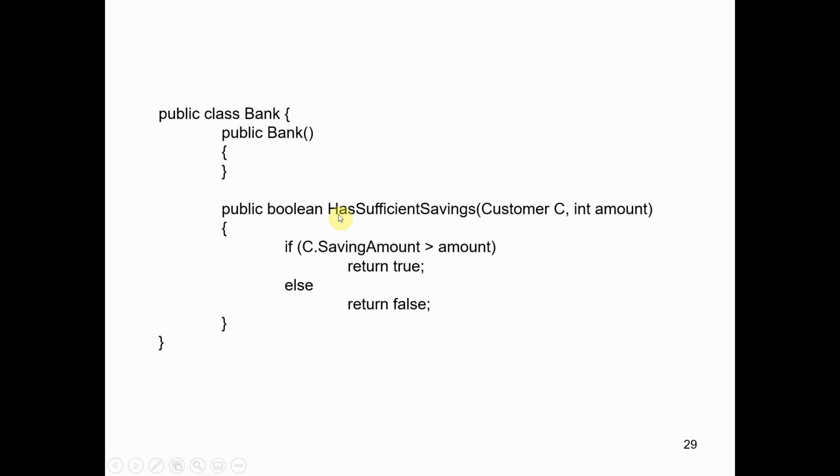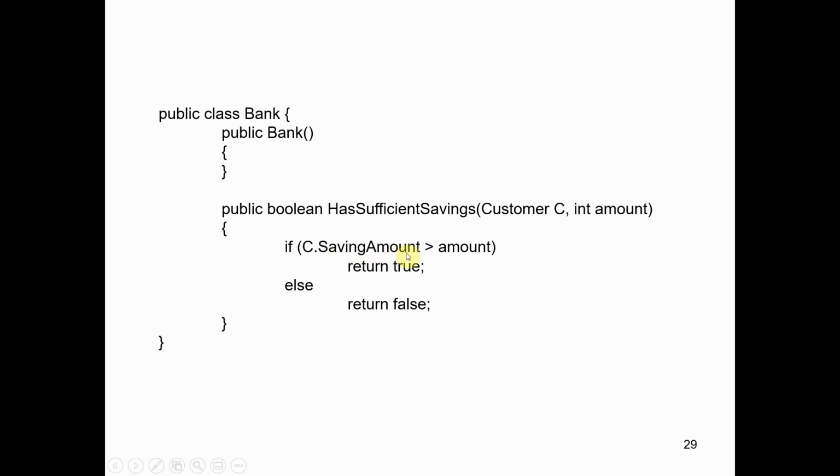So how does the bank calculate if the customer has enough money? Here you provide the customer and the amount the customer is trying to borrow from the bank. We check the customer's saving amount.